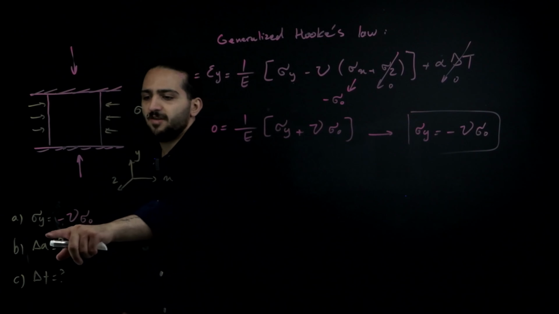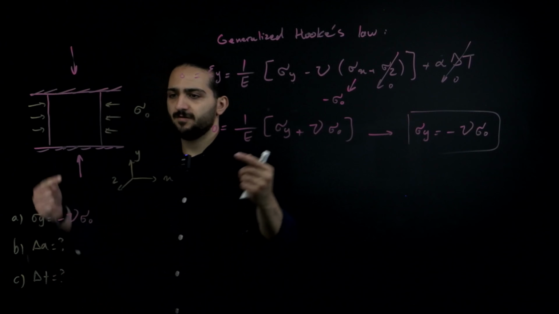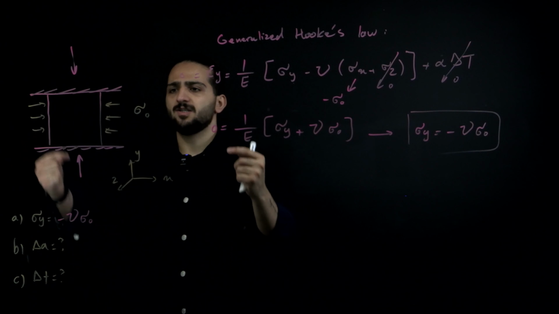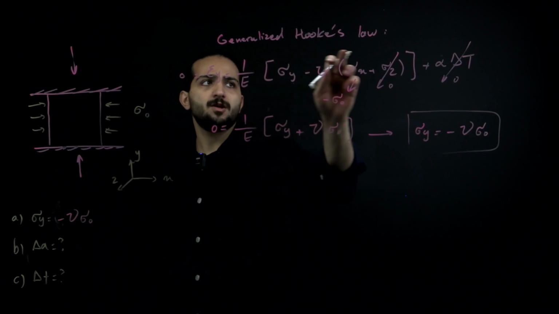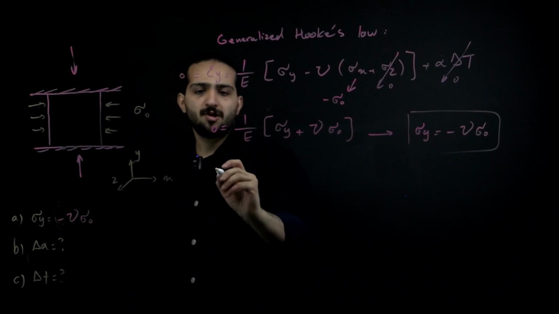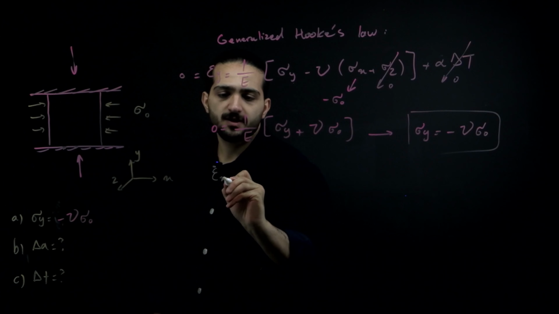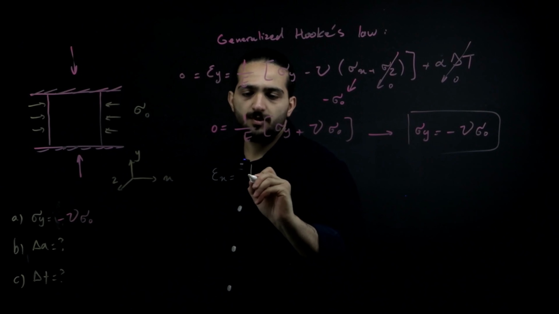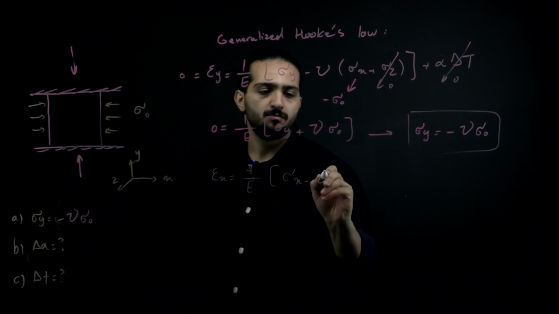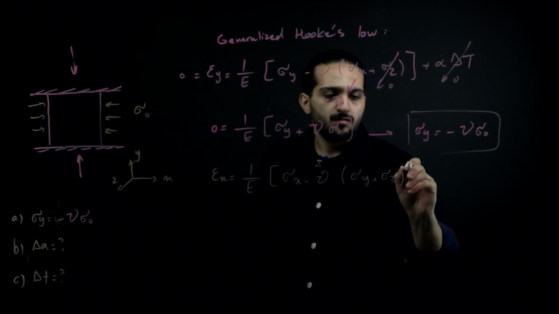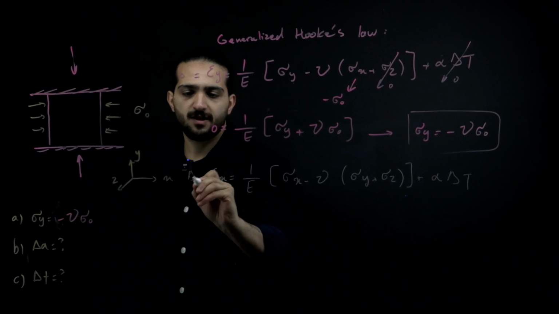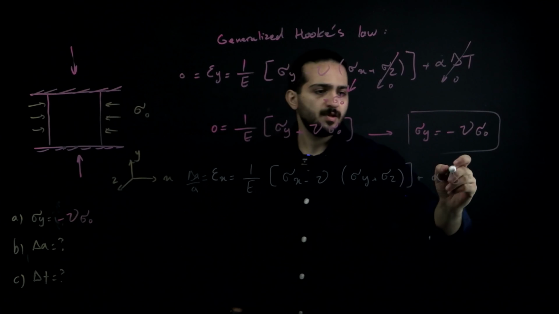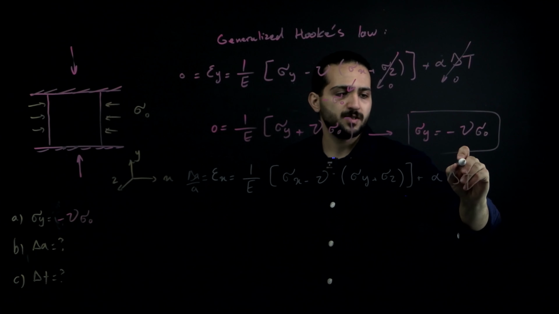And in part B, we have to determine delta A, which is the change in dimension in the x direction. If we use the generalized Hooke's law equation in the x direction, we can say epsilon x is equal to 1 over E, and we know this epsilon x is actually delta A over A. Alpha delta t is equal to 0.